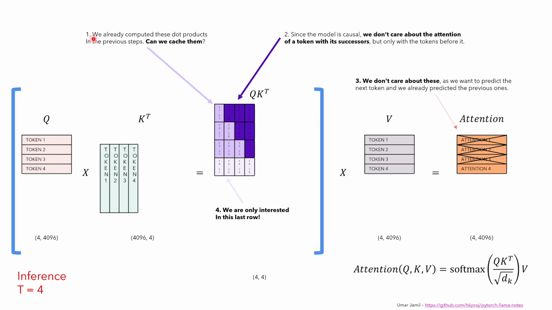First of all, in this matrix we compute the dot product between this token and this token, and this token and this. So this matrix is all the dot products between these 2 matrices. We can see something. The first thing is that we already computed these dot products in the previous step. Can we cache them? So let's go back.